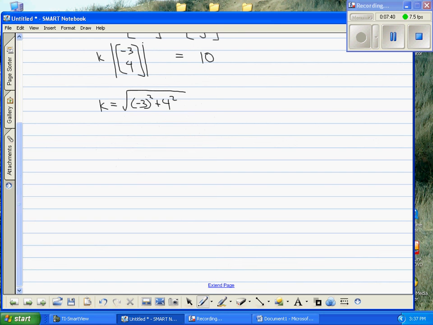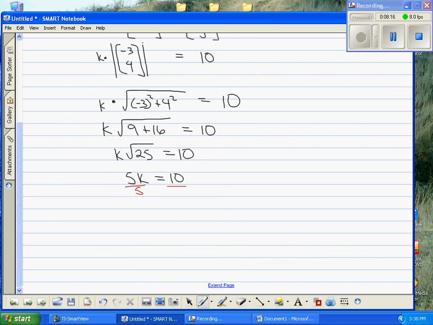As you notice, it's k times that magnitude. Simplifying, k times the square root of 9 plus 16 equals 10. Or k times the square root of 25 equals 10. Simplifying some more, 5k equals 10. Using the multiplication property of equality, I'm multiplying by 1/5. That gives me k equals 2.